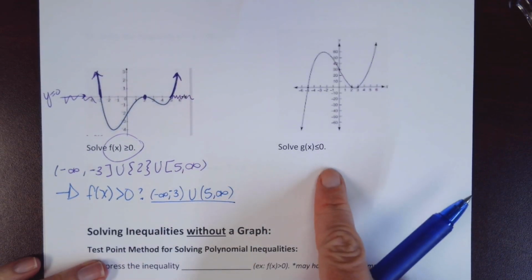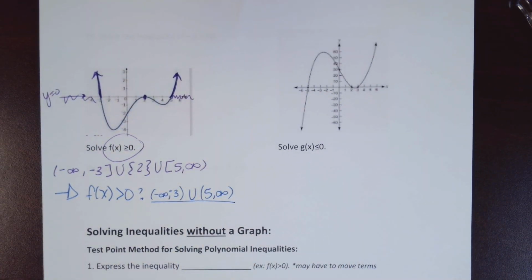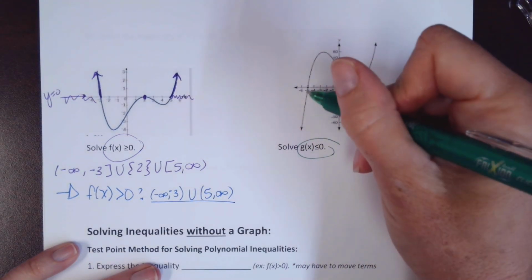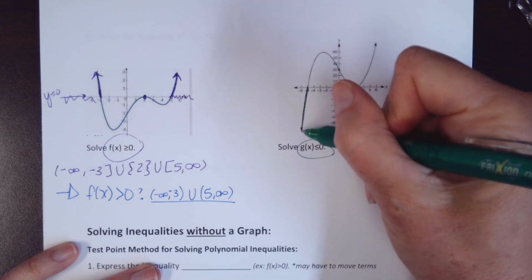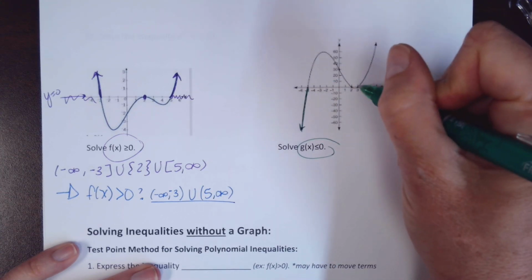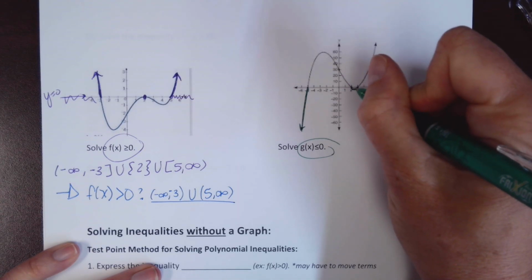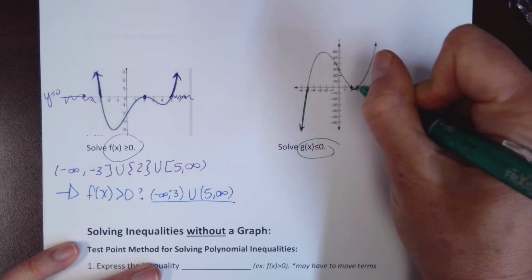All right, take a look at g of x here. Pause the video, answer that, and then come back. Here we're interested in less than or equal to 0, so I'm interested in the bits of the function that touch. And it looks like that's kind of tricky. It looks like that falls down below right there.